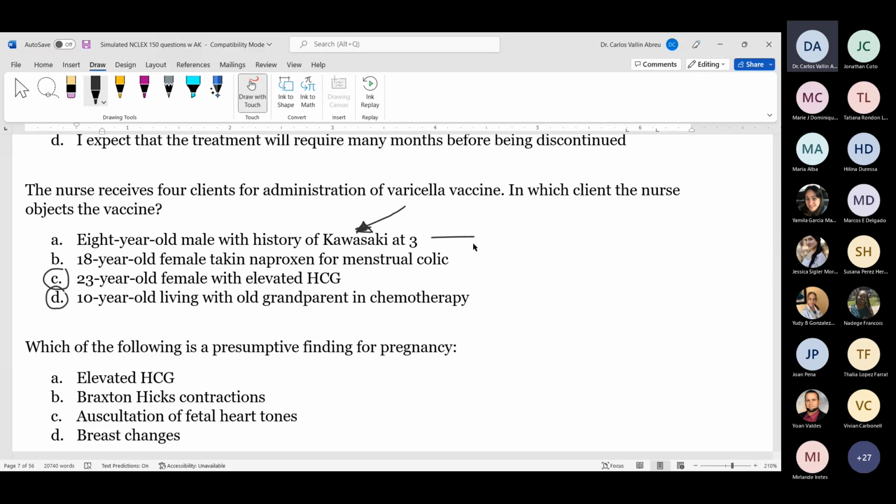This child will produce autoantibodies that produce inflammation in the blood vessels, this is vasculitis, including the coronary arteries, and inflammation in the skin, a rash, and the mucosas, and in the lymph nodes. So it produces a profuse systemic inflammation with a lot of fever.